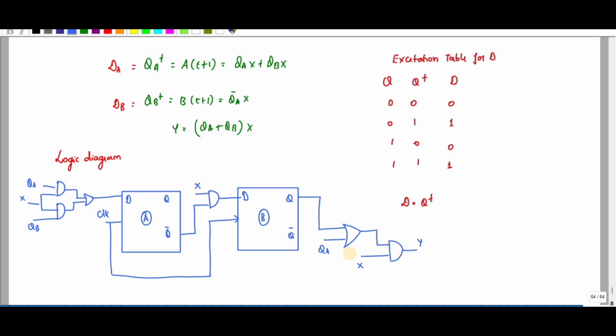So the first part is completed. Next I have to determine the state table. In order to determine the state table, let me write the transition table.